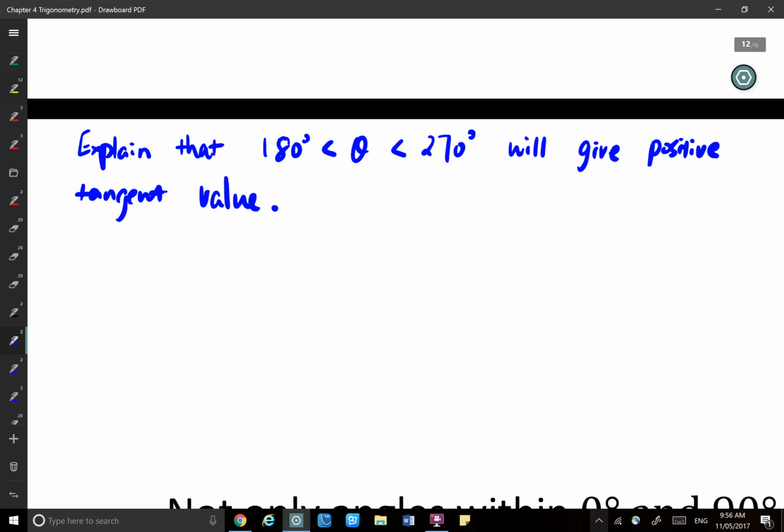You can't just say that because of CAST and the third quadrant, it's positive. You need to explain why tangent is positive in the third quadrant.